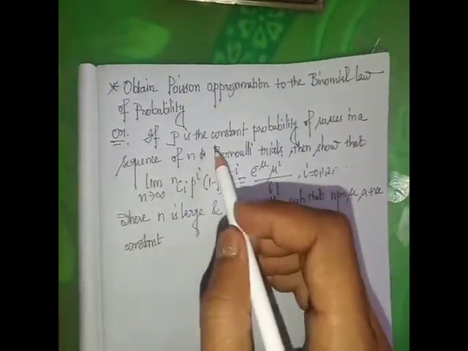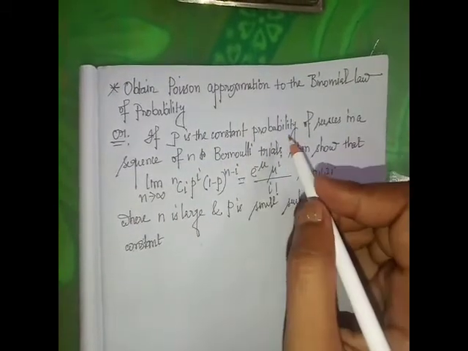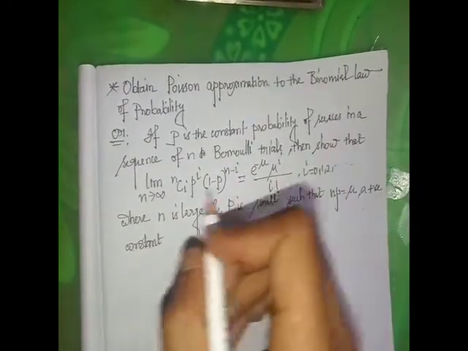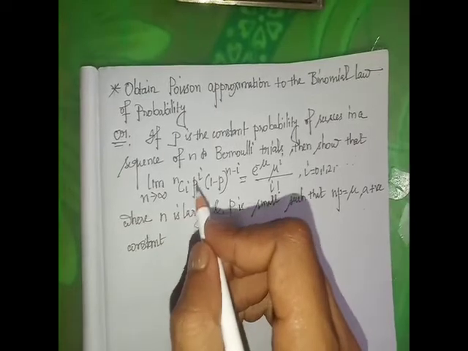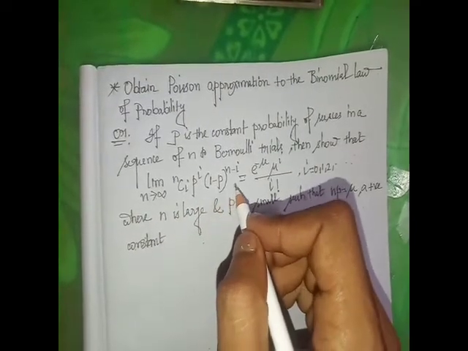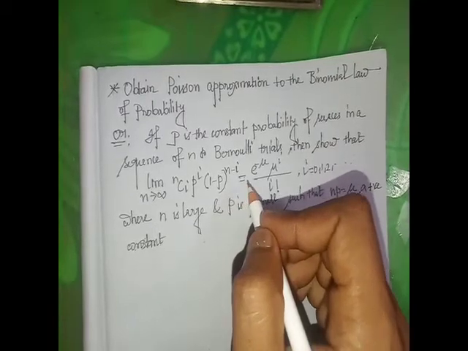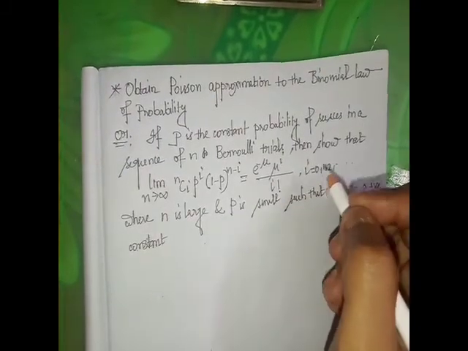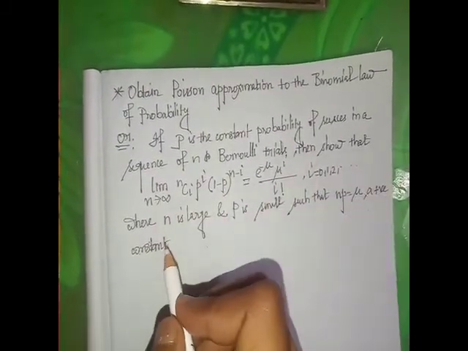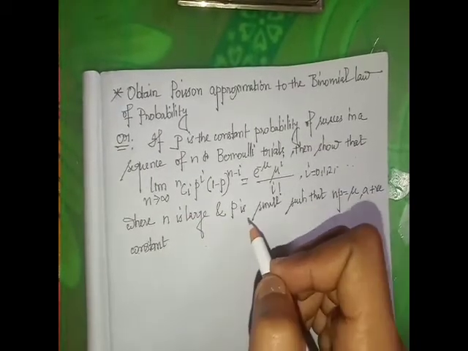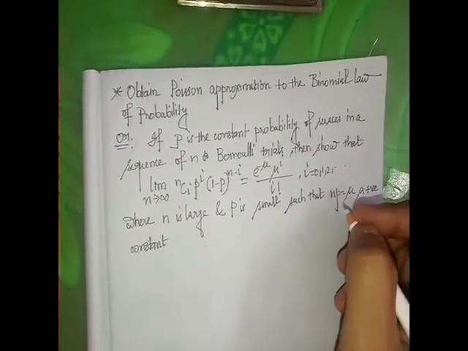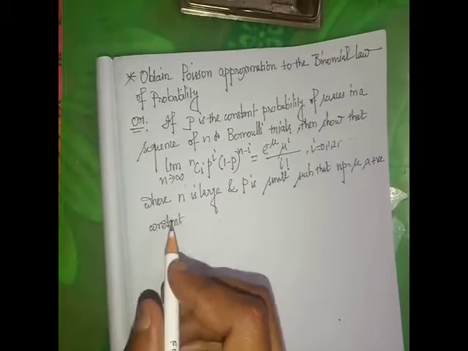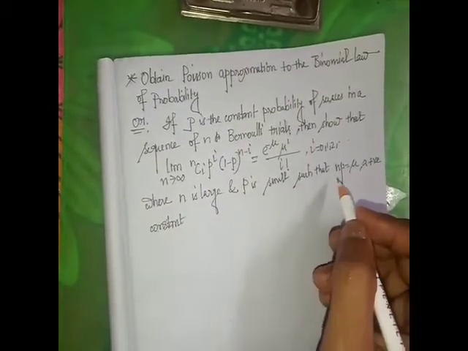If p is the constant probability of success in a sequence of n Bernoulli trials, then show that the limit as n tends to infinity of nCi p^i (1-p)^(n-i) equals e^(-mu) mu^i / i!, i running from 0, 1, 2, and so on, where n is a large number and p is small, such that np equals mu, a positive constant. We prove it, given that np equals mu.